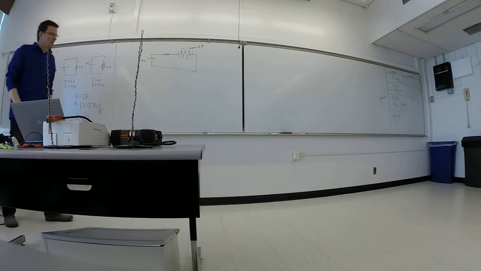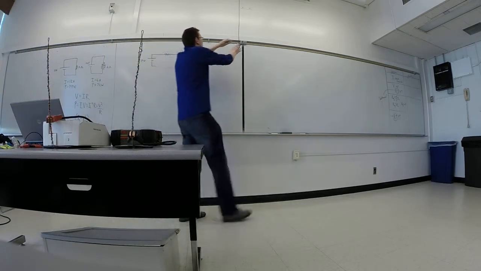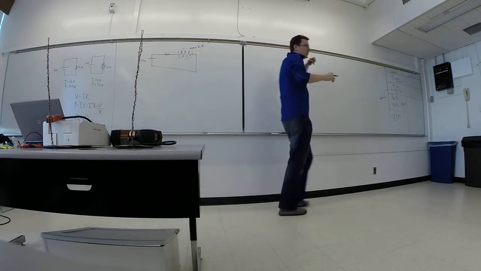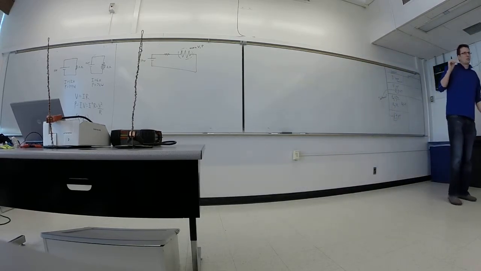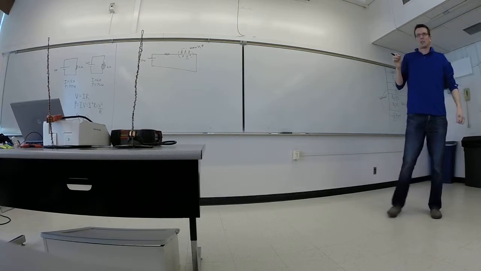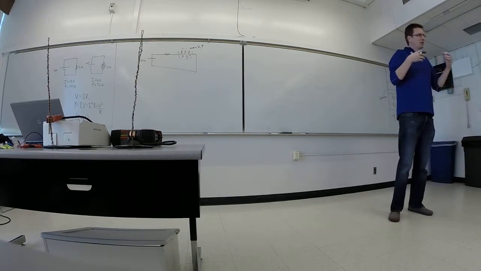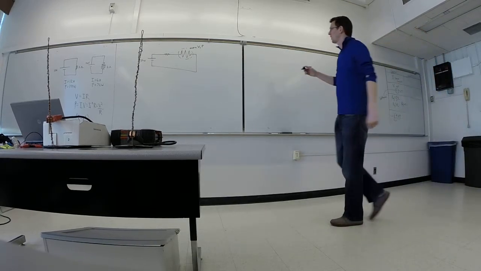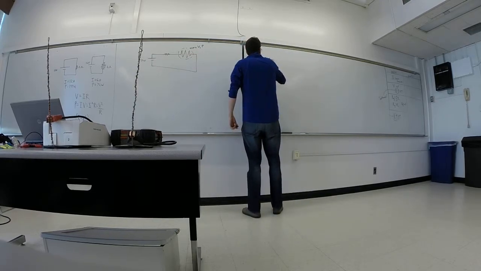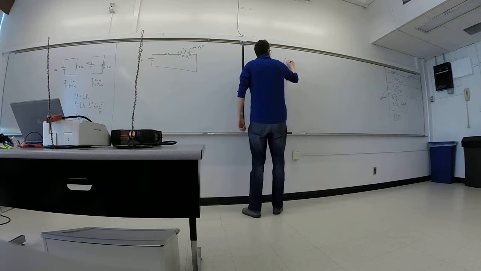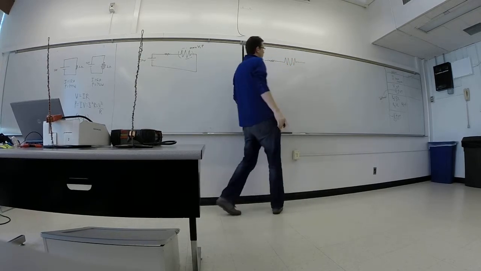So this right here is a concept that you really need to internalize conceptually. If you're waiting on the math to provide this result, then you're going to be very sad when you get some kind of conceptual problems. Let me give you an example. So let me just extricate those two resistors from that.